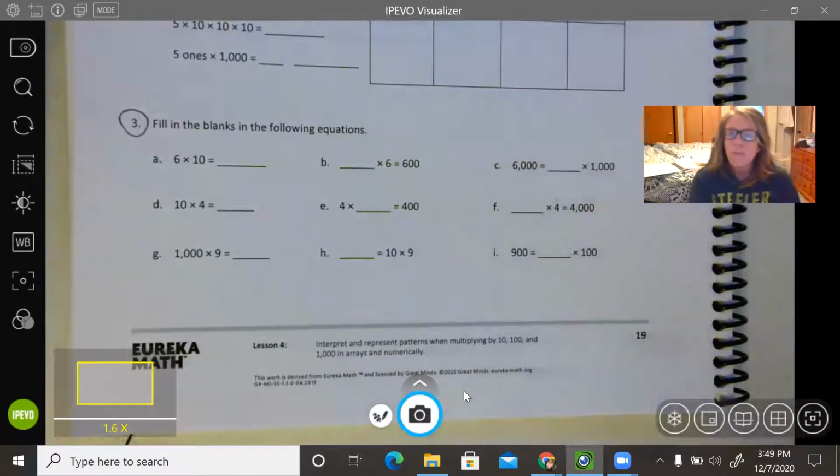I know that the video showed you how to decompose some equations to make it easier for yourself to multiply big numbers. Now, if you think back to when we were still going to school face-to-face, and if you even think back to your sprint packet when we started multiplying extended facts, I did teach you a shortcut.